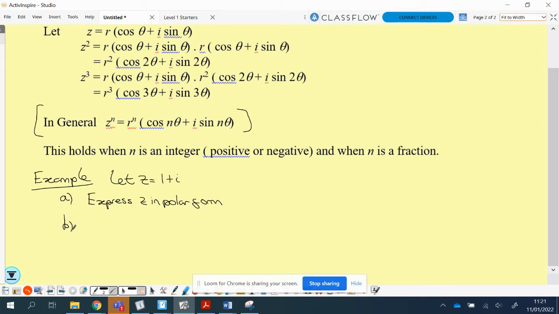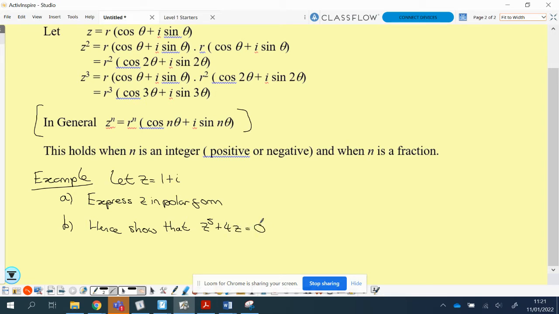And part B, we're going to hence show that z to the power 5 plus 4z equals 0.